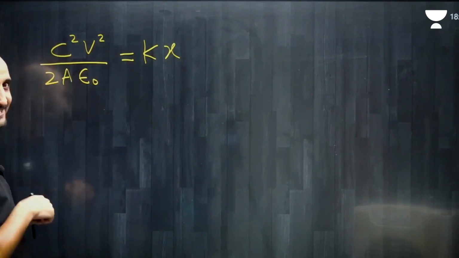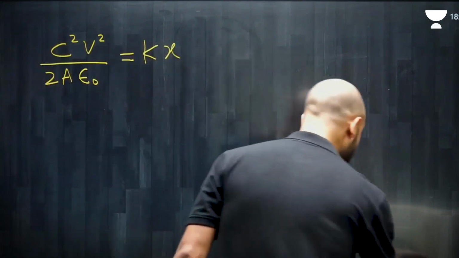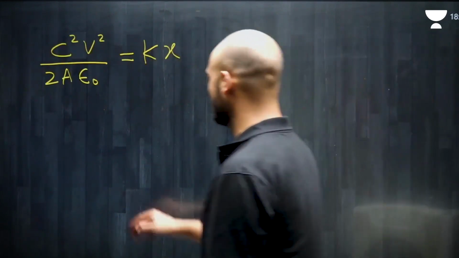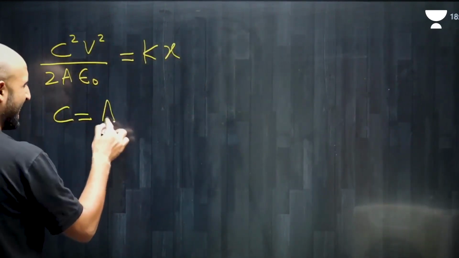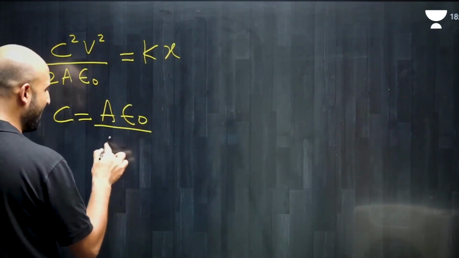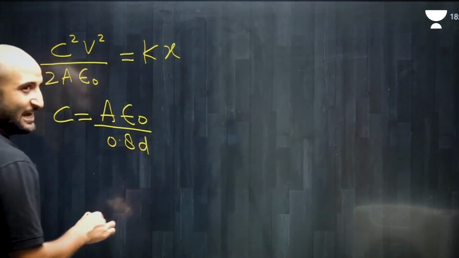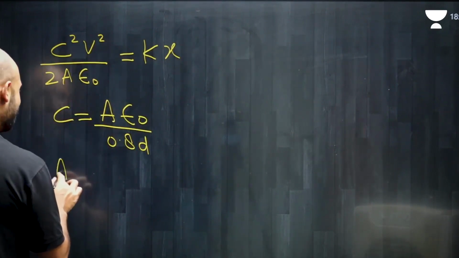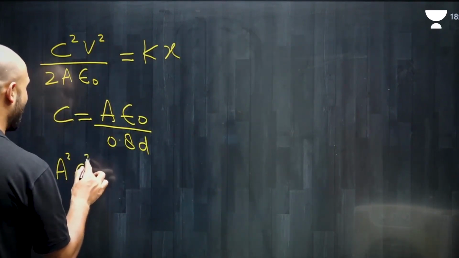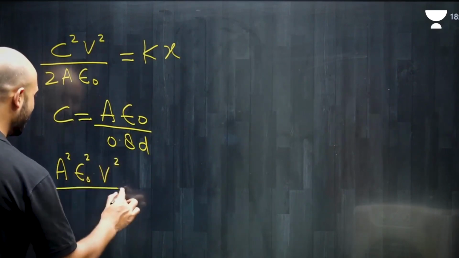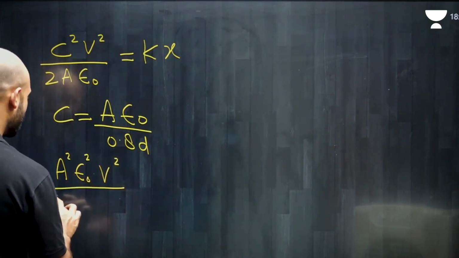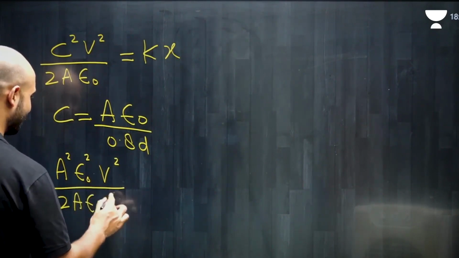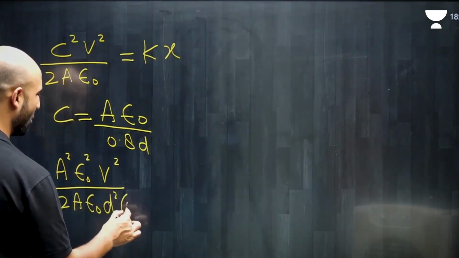I will write C as A epsilon naught divided by the distance, but not D here, it is 0.8 D now. So C is equal to A epsilon naught divided by 0.8 D. You put the value of C here, so what you get is A squared epsilon naught squared V squared divided by twice A epsilon naught D squared and 0.8 squared.